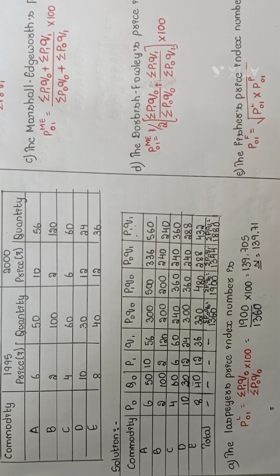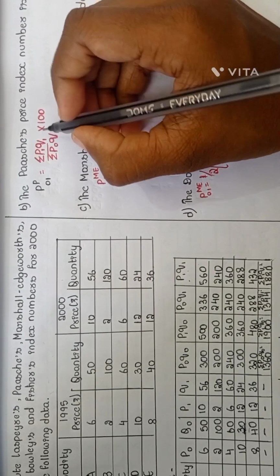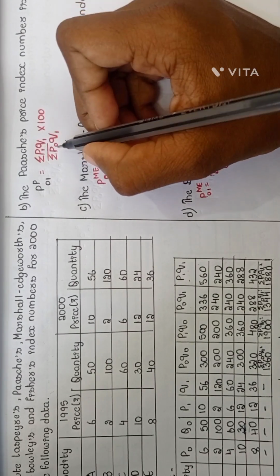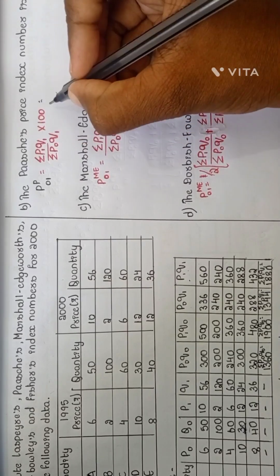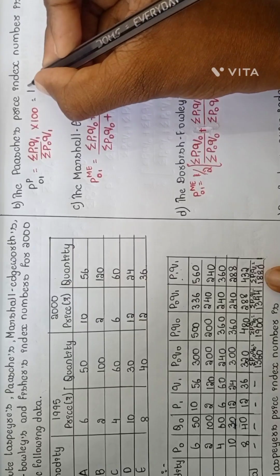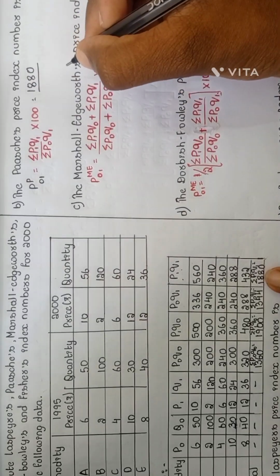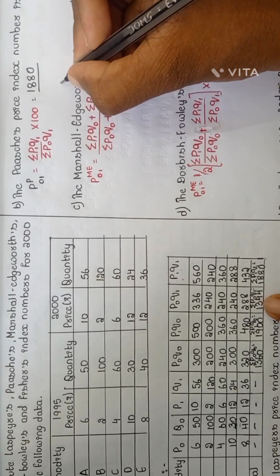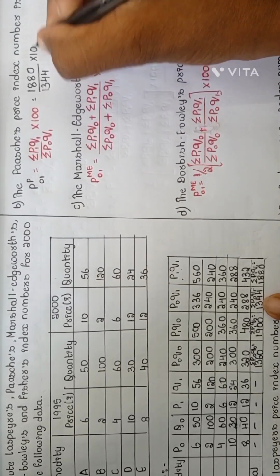It's very simple. Next, let's move on to purchase price index number. For purchase price index number, the formula is summation P1 Q1 divided by summation P0 Q1 into 100, and the value of summation P1 Q1 is 1880 divided by, and the value of summation P0 Q1 is 1344 into 100.